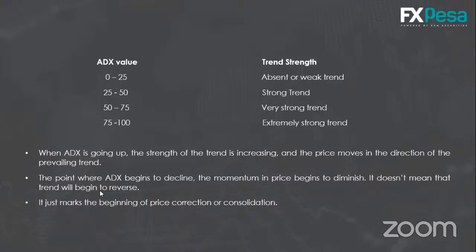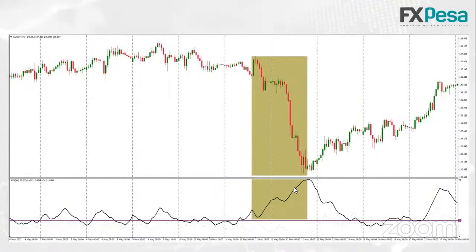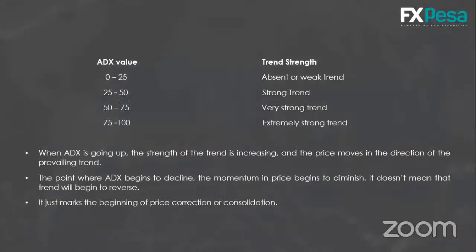So the point where ADX begins to decline, like if it has been on the rise for quite some time, like in this case, the point where it begins to plateau and reverse, is where that momentum is regarded to have begun to diminish. That's where it will start to slow down.